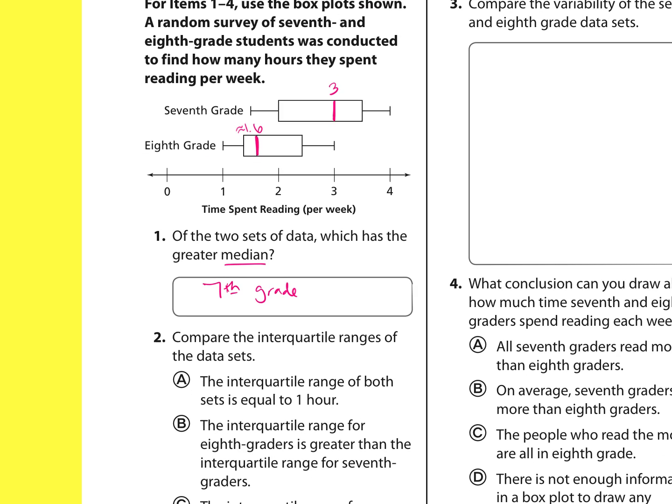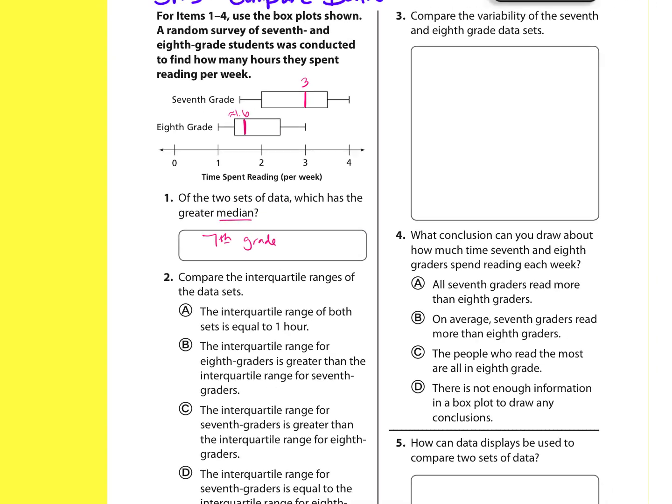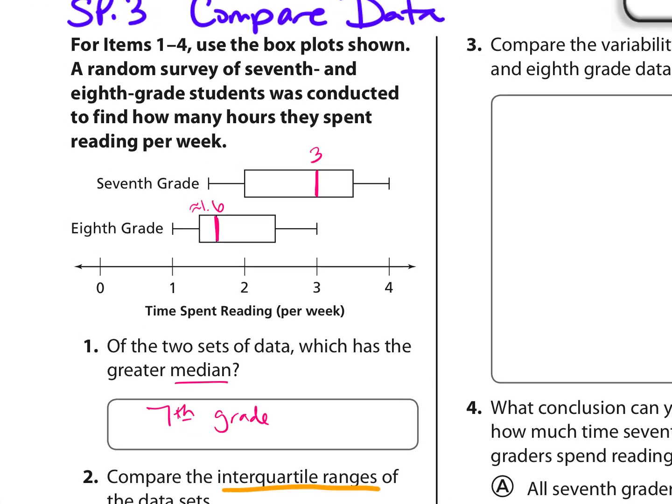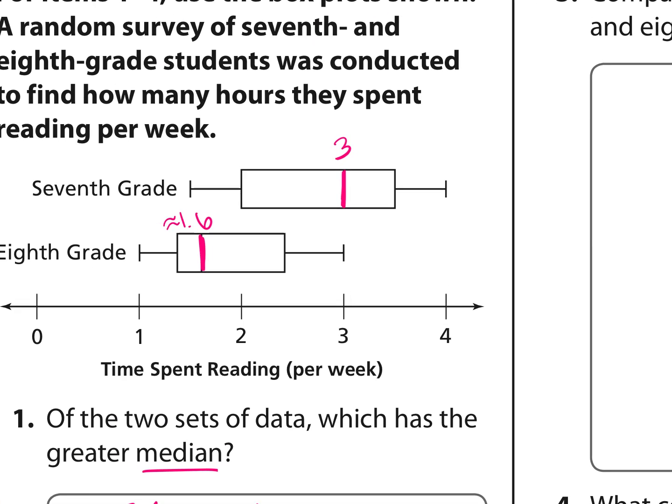Number 2, compare the interquartile ranges of the data sets. Well, the interquartile range is the range from one end of the box to the other. So this one takes a little bit to look at, but if you look at these two boxes, you can see that the 7th grade box goes from 2 to about 3.5. So it's about 1.5 for the IQR.